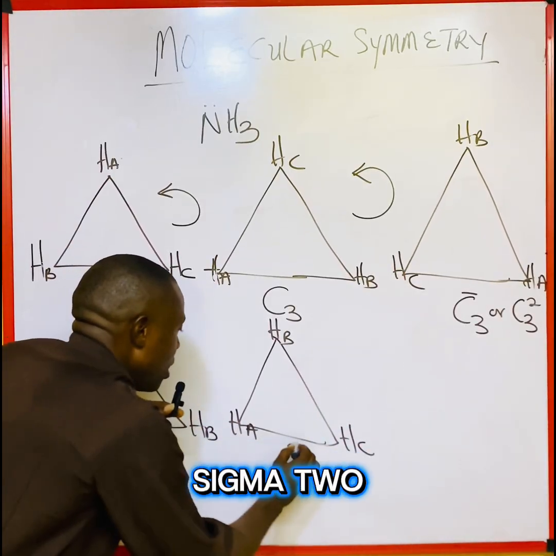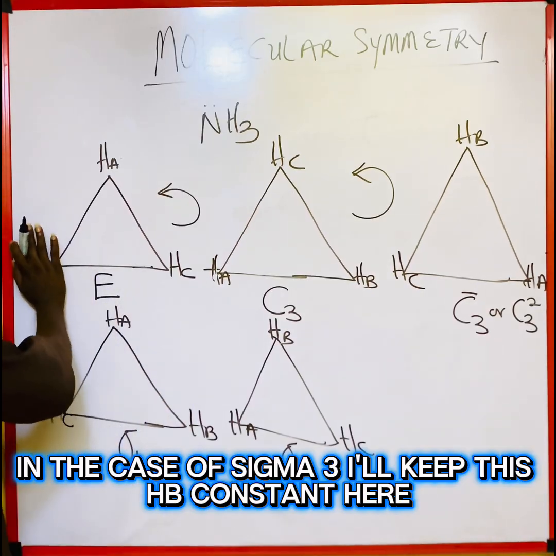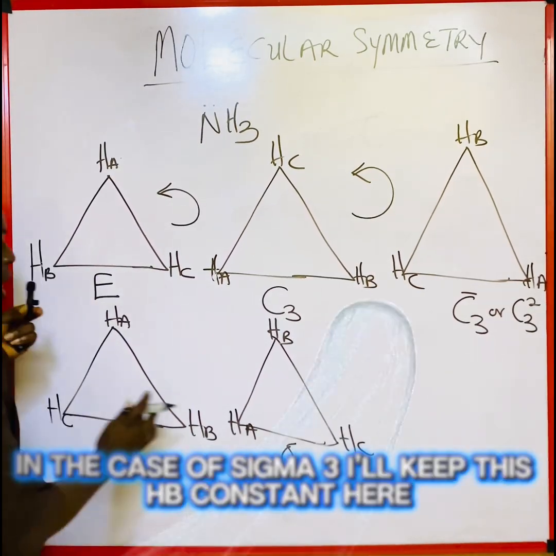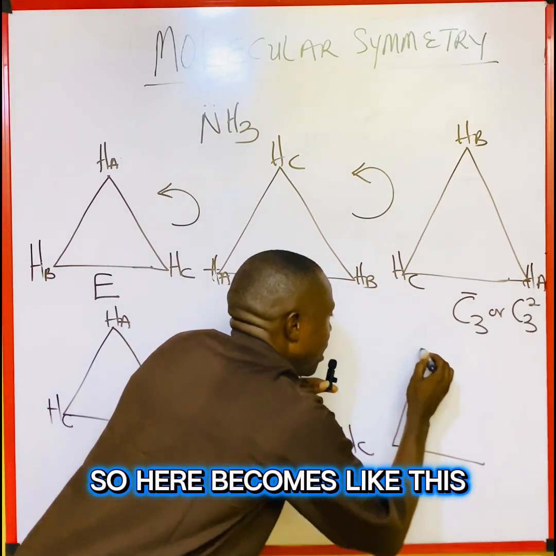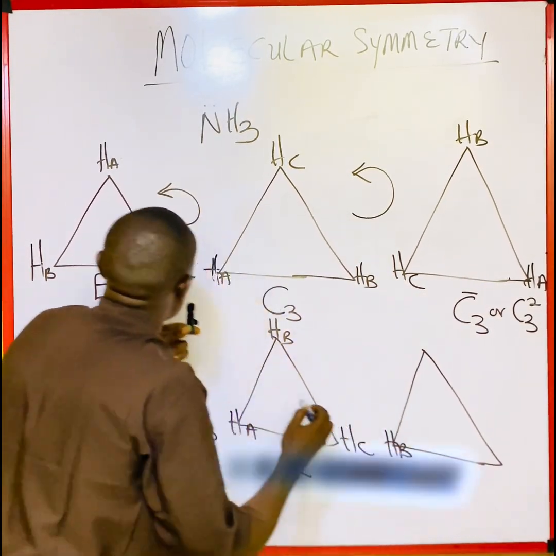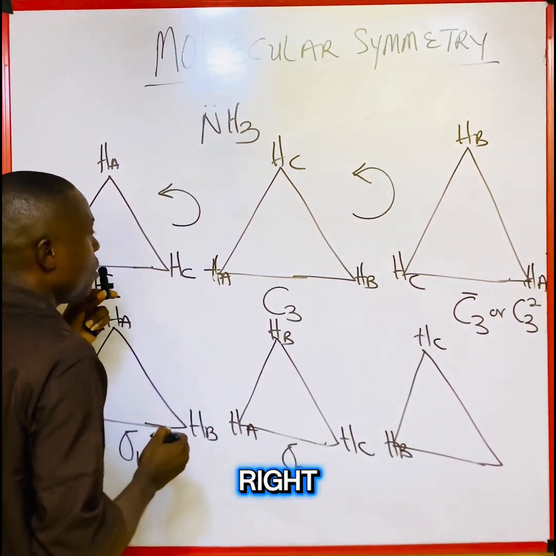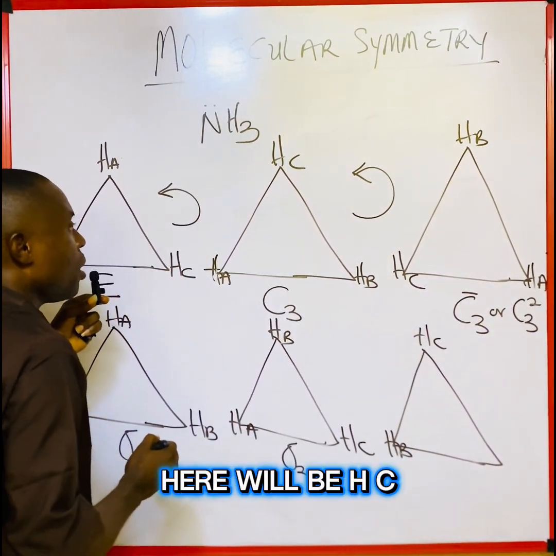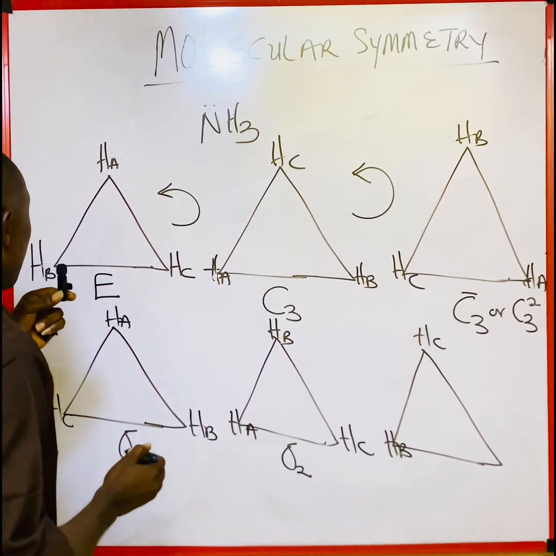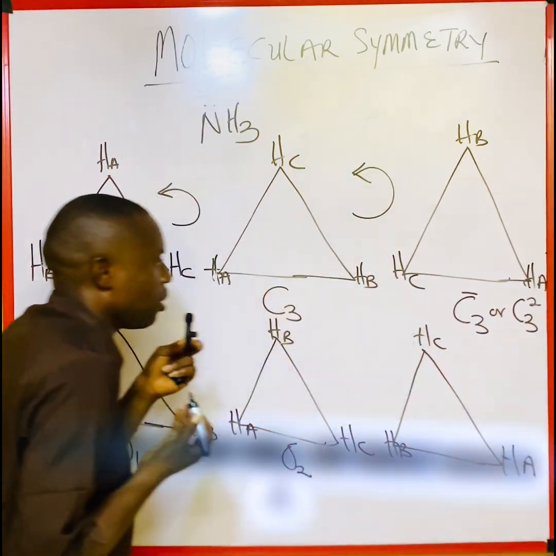Is that understood now? You come here, sigma 2. In the case of sigma 3, I'll keep this one constant. So here becomes like this. Since HB is constant, here will be HC, and here will be HA.